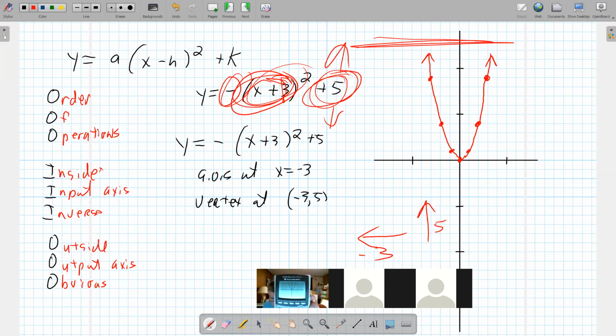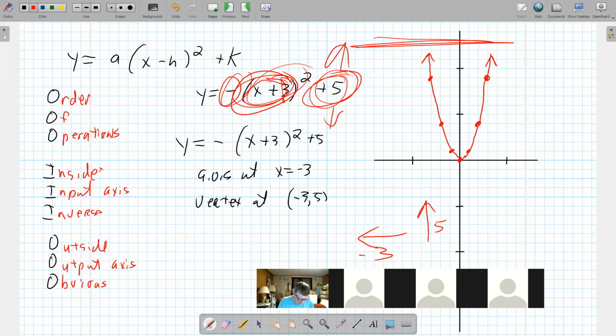That's the graph of y equals x squared. I'm going to apply all these shifts one at a time. So what if we have x plus 3 squared? See how it moved it to the left 3 units?